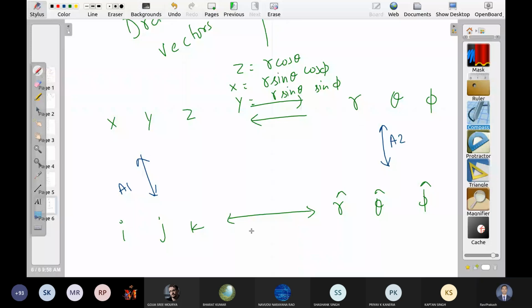So I will spend some time on how to find these connections. I mean, although we know how we define ijk and r theta phi, verbally we know what r cap means and how it is formed, but mathematically how will we build it?